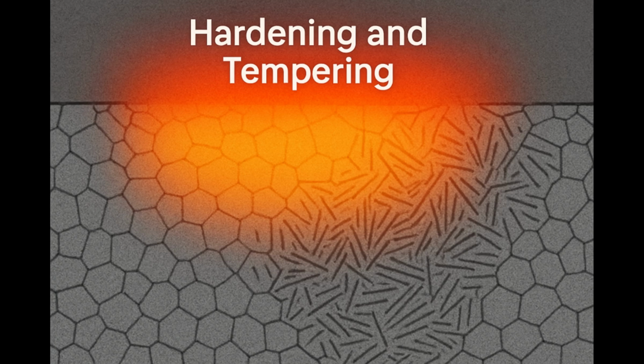Due to localized heating and rapid cooling, overall part distortion is generally less than with through hardening. Cost-effective. Can be a cost-effective method for selective hardening, especially for large components, where furnace hardening would be impractical or expensive. Flexibility. Can be adapted to various part geometries and sizes.